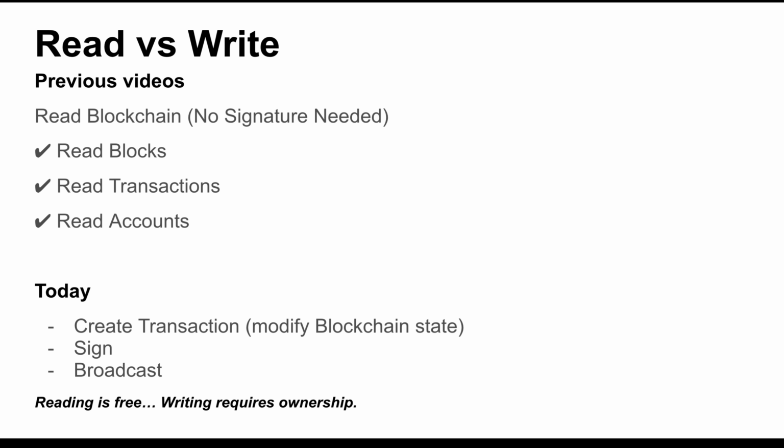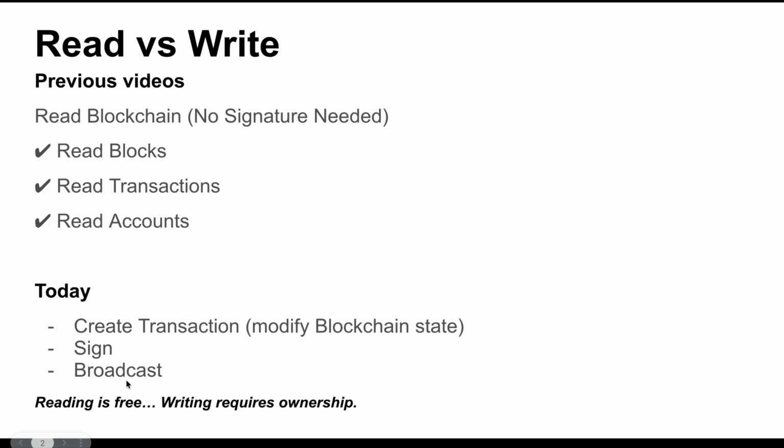For today, we are going to create a transaction, which is more like modifying a blockchain. You're writing to a blockchain, you're modifying the state of a blockchain. So you're going to create it, sign it, and broadcast it. We can see here, reading is free while writing requires ownership.